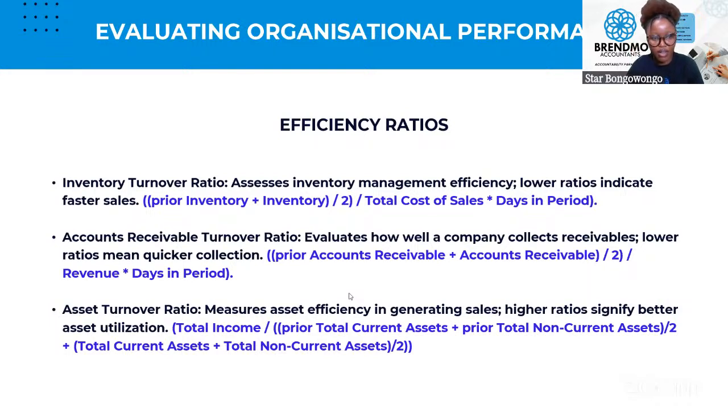Just understanding this formula is going to assist you to make better financial decisions. And then accounts receivable turnover ratio, it evaluates how well a company collects receivables. A lower ratio basically means that you've got quicker collection tactics.